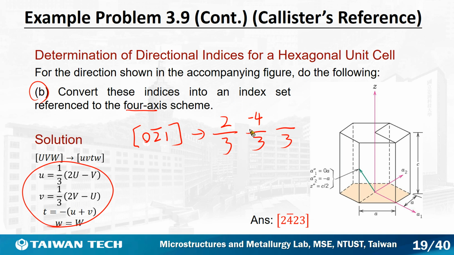So this 2, it would be minus 2/3 over 3, and negative sign, so 2. And then w equals w, it will be 1. So make it the smallest integer. So it will be 2, minus 4, 2, and 3. That's the answer.